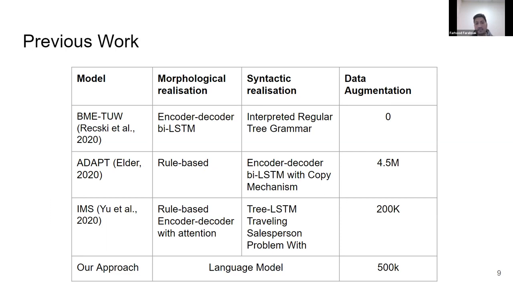In terms of using external data, both Adapt Center and IMS used external data. They augmented the data with external data. Adapt used more than 4 million samples, and IMS used around 200,000 samples.